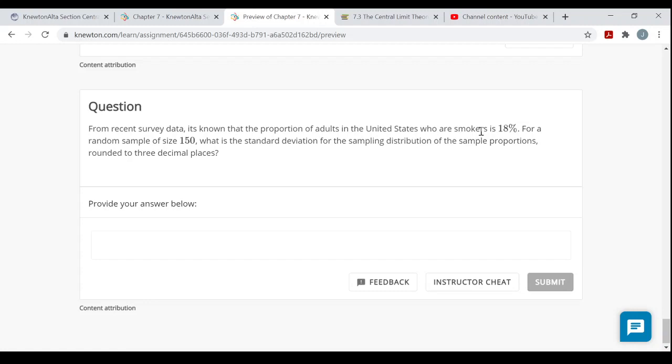And you did that for all possible samples of size 150, and then looked at all those sample proportions and made a histogram, what would be the standard deviation for that group, that sigma p hat? All right, so again here, very simply, I'll pull up my calculator.